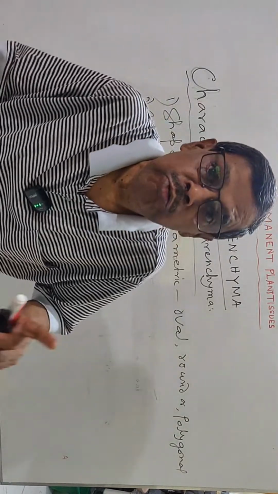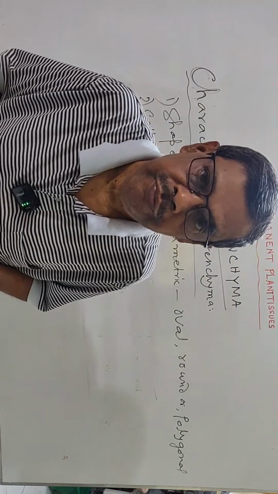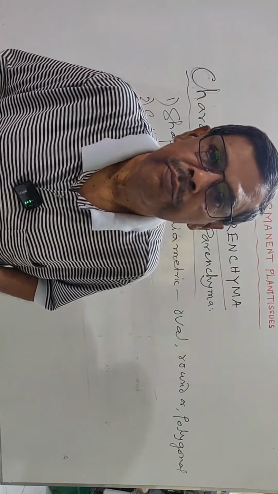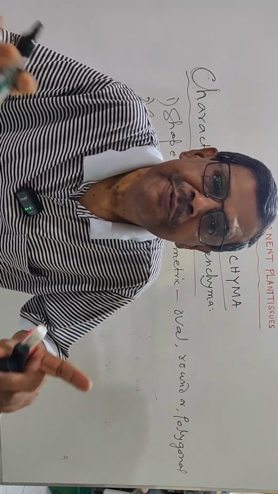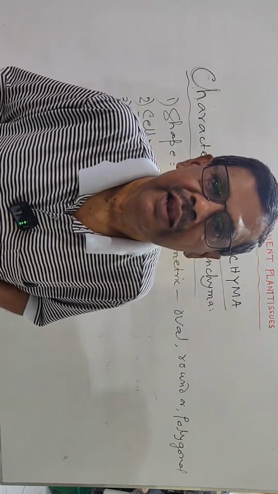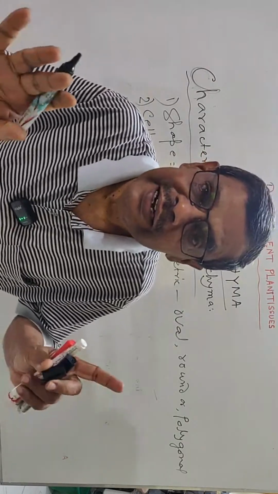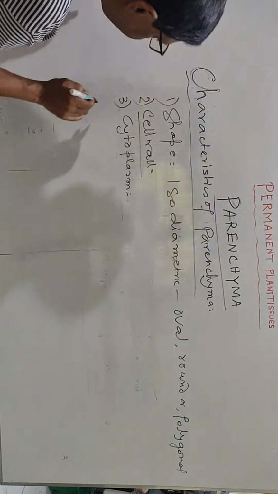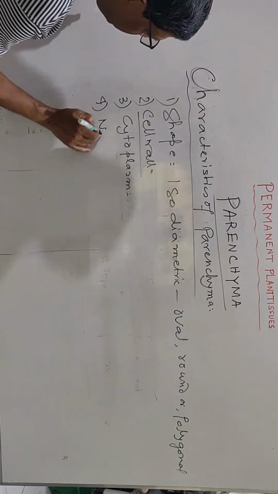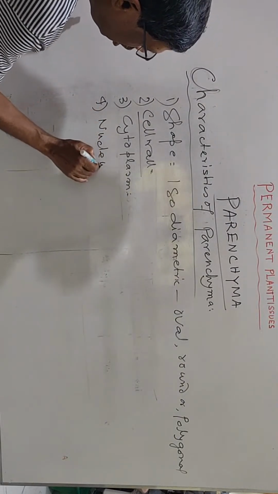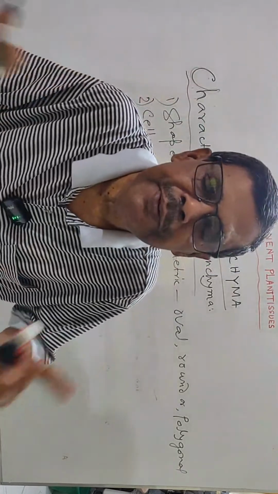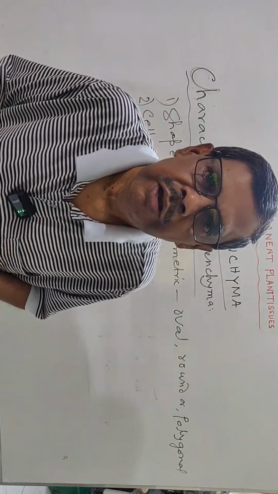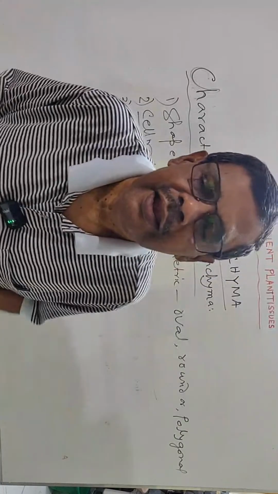It has vacuolated cytoplasm, with peripheral cytoplasm of the cell, less dense. Next, nucleus. In between the peripheral cytoplasm it contains a single nucleus.